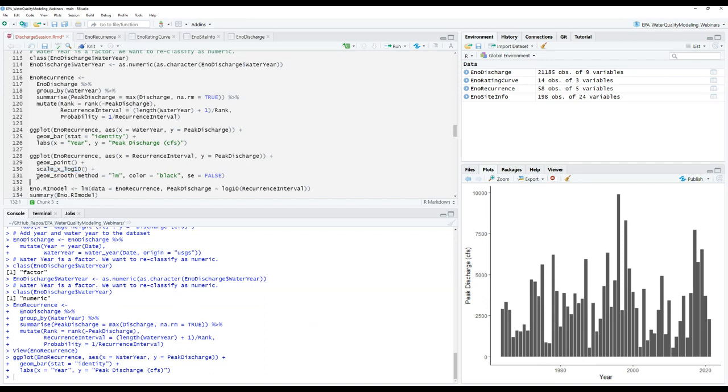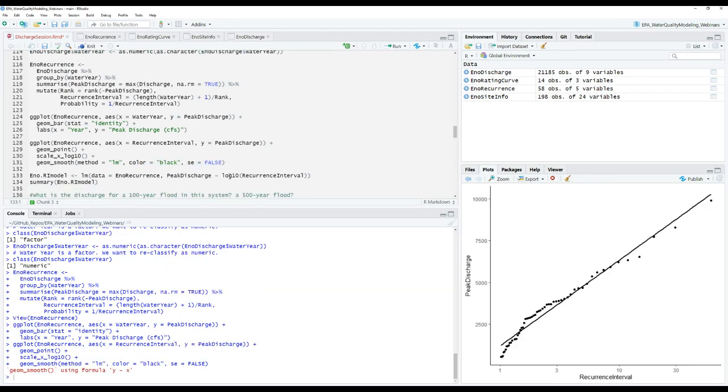And then we'll add a new geom if you haven't seen this before. It's geom smooth, which allows us to plot a line through our data. In this case, we'd like this to be a linear model line, a regression line. We'd like the line to be black, and we'd like it to not display a confidence interval or standard error around that line.